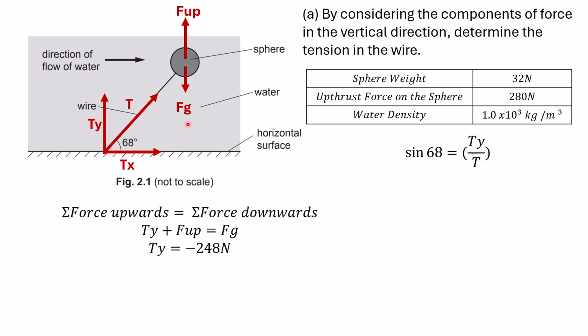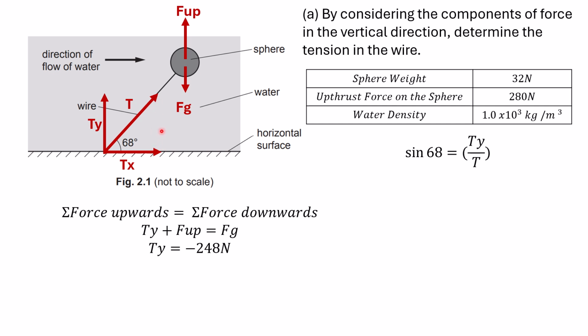Now to calculate the tension, you need to use the vertical component, because here it says the vertical component. So the sine of 68 is equal to Ty over T, because if you move the Ty here and close this triangle, the Ty will be the opposite.